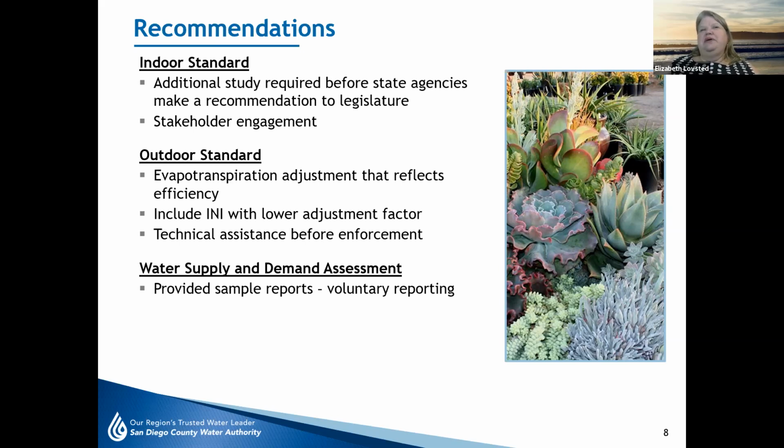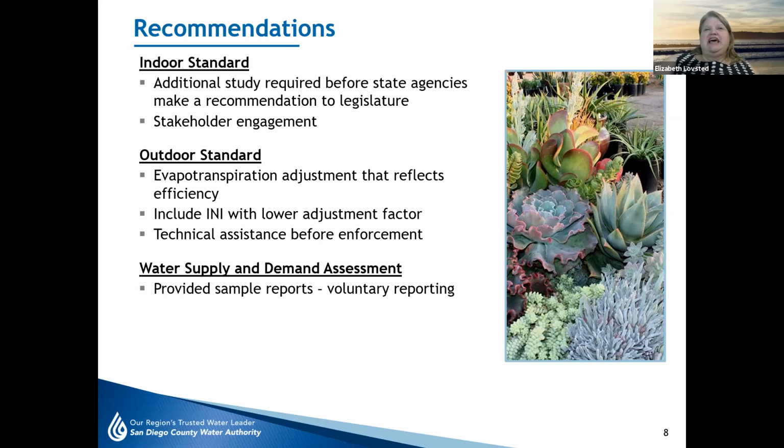And the big concern there is cost. Not only the cost to implement and meet the indoor standard, but the cost on water, wastewater, and recycled water facilities, and how reducing indoor water use is going to impact those facilities, and what the long-term impact will be.